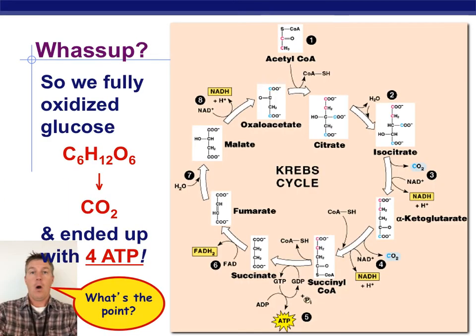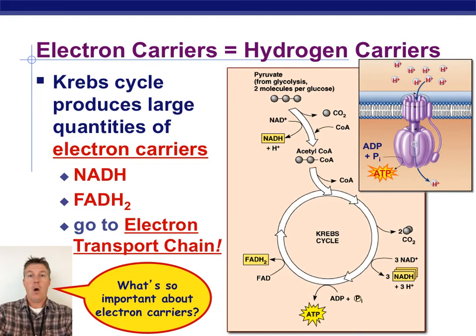We're fully oxidizing a molecule of glucose all the way to carbon dioxide in the Krebs cycle and end up with 4 ATP. Remember, we kick out some ATP once for each cycle, and this happens 2 times per glucose. Remember, we've already kicked out some ATP in glycolysis.